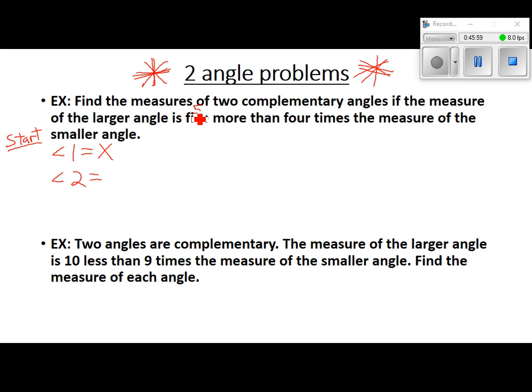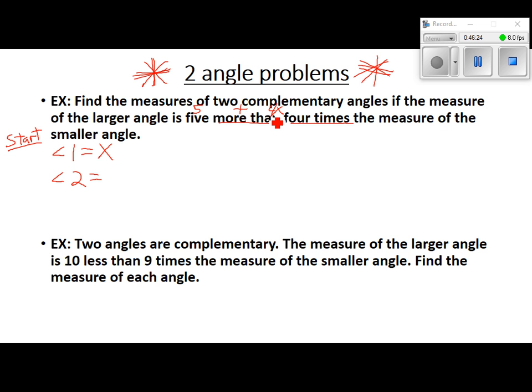More than means plus. 4 times the other angle. What did we say the other angle was? X. So what am I going to write here? It's 4 times that, 4 times x. It's just 4x, right?